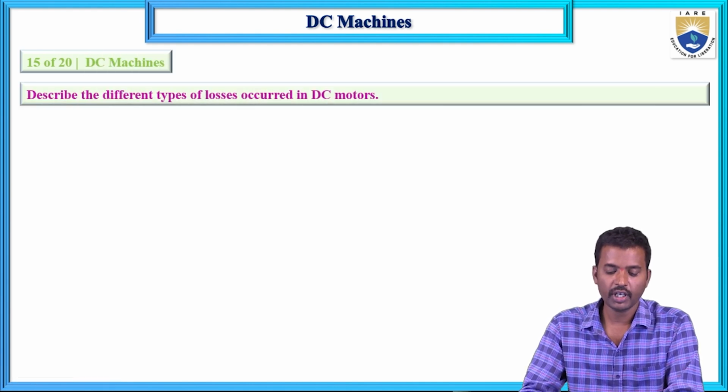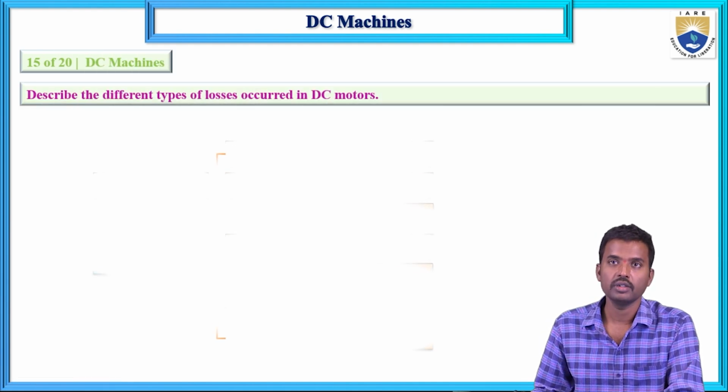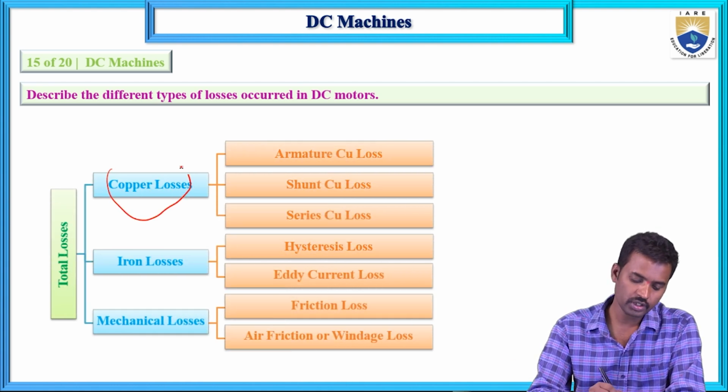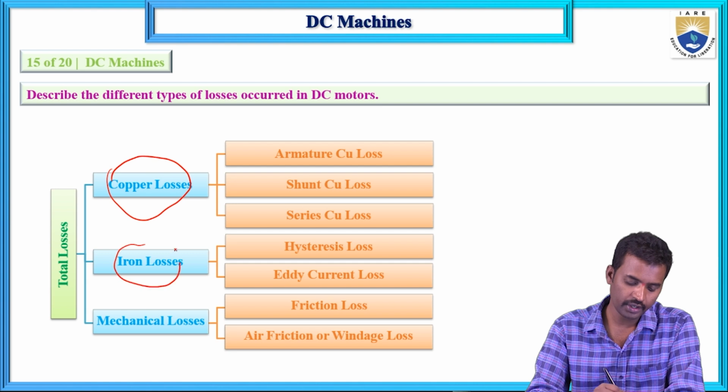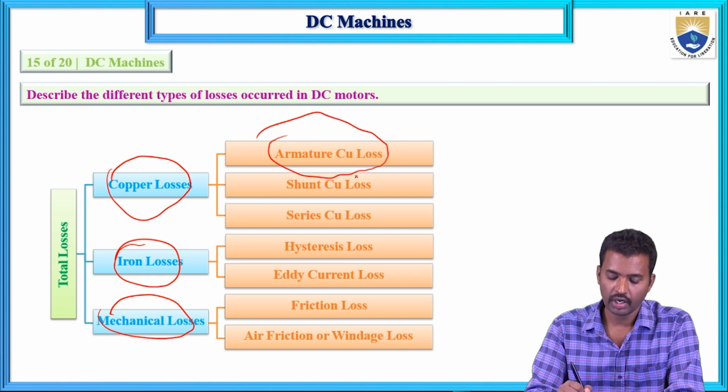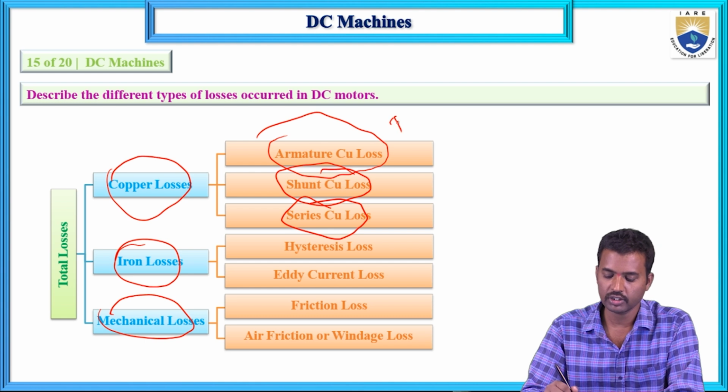Describe the different types of losses that occur in the DC motor. So, three losses: copper losses, iron losses, and mechanical losses. In the armature there are copper losses, and there are shunt copper losses and series copper losses. These are the I square R losses.